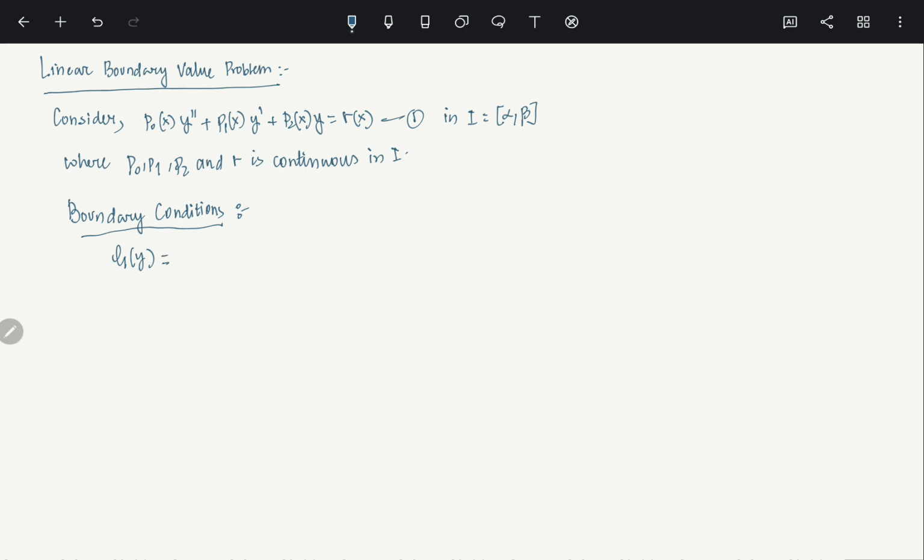Please note we are going to use this notation: L1 of y, L2 of y. So what is it? It is A naught of y at the point alpha plus A1 of y prime at the point alpha plus B naught of y at the point beta plus B1 of y prime at the point beta equals A.